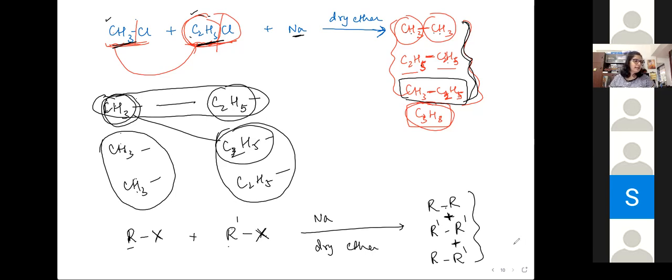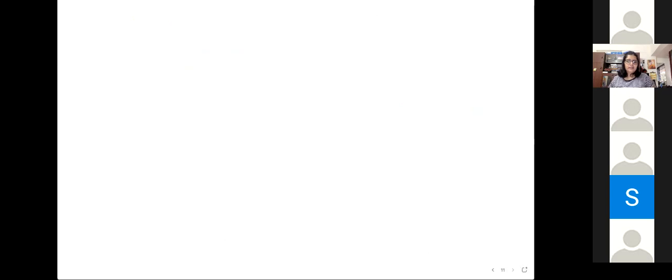Okay, so that is Wood's reaction. And another reaction that you use alkyl halides in is with Grignard reagent. Grignard reagent is very, very, very important. You keep meeting this particular thing again and again, a lot of times.